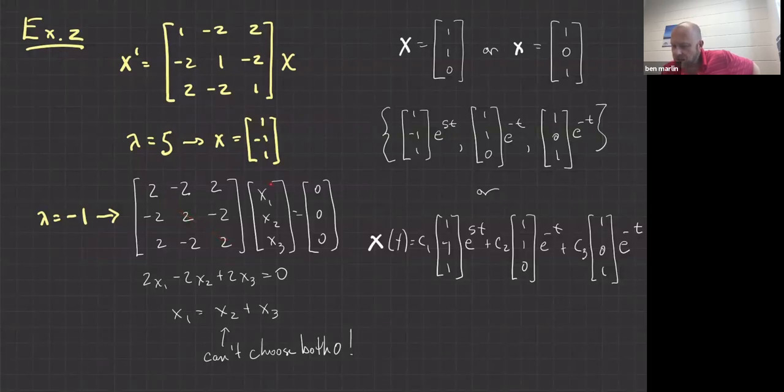And when you dot your 3 vector here with that row, you're going to get this 2x1 minus 2x2 plus 2x3 equals 0. And if you check the other 2 rows, they are just the same thing or the negative of it. So this means we could solve for one of those. It doesn't matter which one. And you can say x1 equals x2 plus x3.